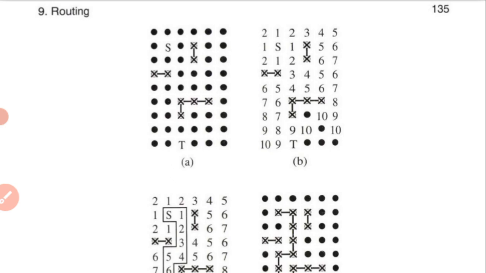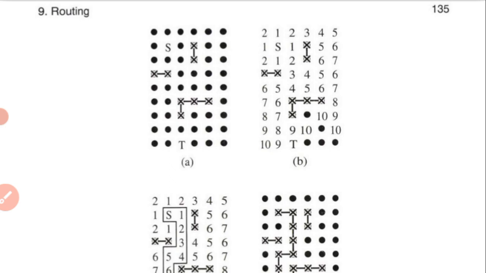Most probably in area routing we cannot do that. Here we are just using horizontal and vertical segments. So for S, the horizontal and vertical neighbours are marked 1. After 1 comes 2, then 3, 4. Just go through the figure and you will understand the concept.